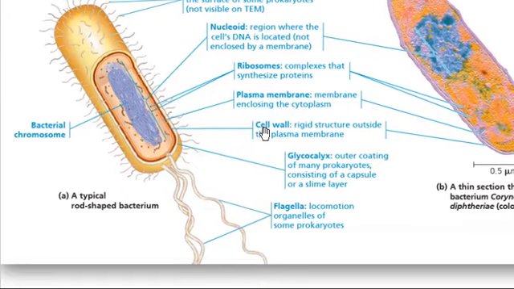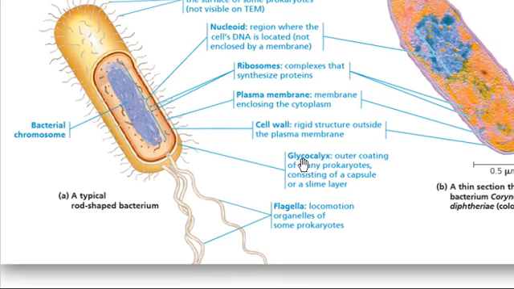And animal cells lack a cell wall. The plant cells have a cell wall which is made up of cellulose. The bacteria also have a cell wall, but remember that the cell wall in bacteria is made up of peptidoglycan instead of cellulose.